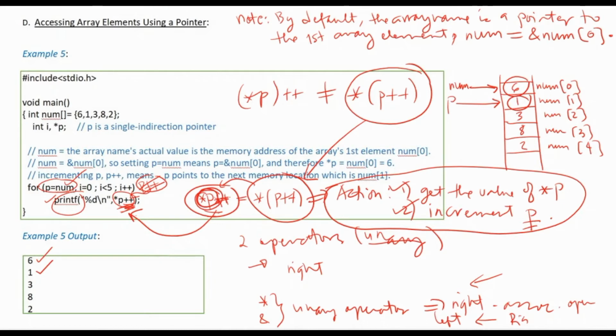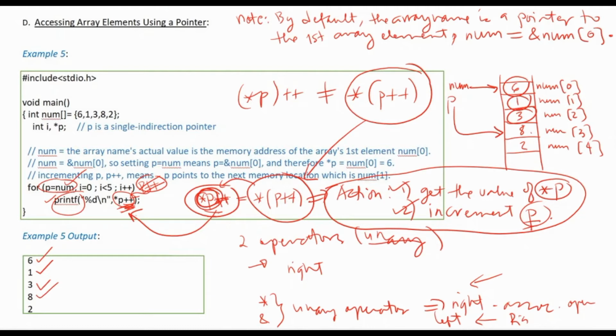Then we get the value of asterisk P, that is 1, so we display it here. After that, increment P, so this time P is pointing on the third element, and then we get the value asterisk P, that is 3. We display it on the screen. After that, we increment P, so P would now be pointing on the fourth element. Then we get that value and display on the screen. So we have 8 here.